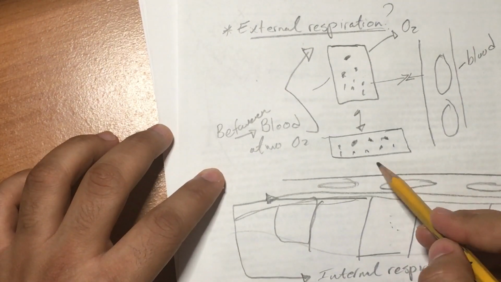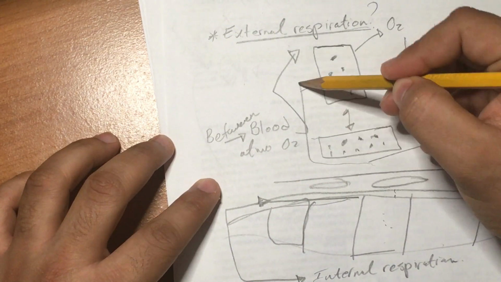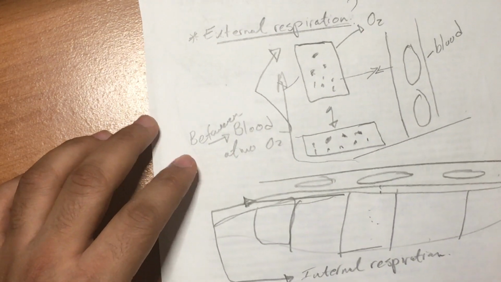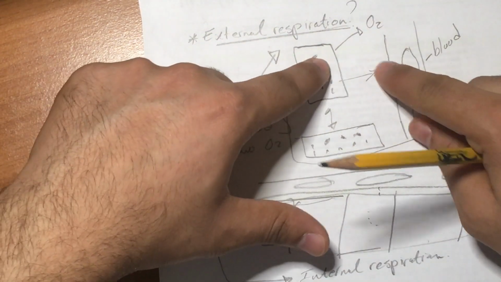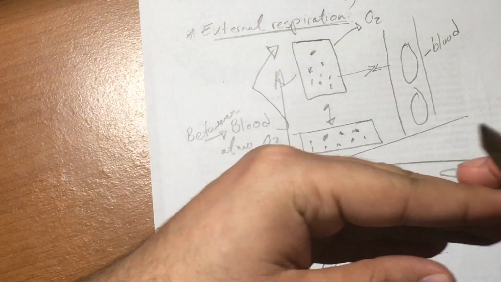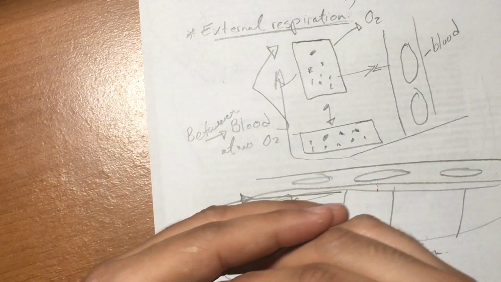So you understand here is external respiration, which is up here. I'm not going to write the word again. Now we understand that between the atmosphere, exchange of gas means oxygen goes in, CO2 goes out. Exchange. This is what they mean here.